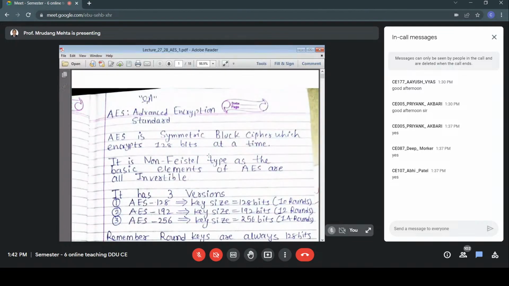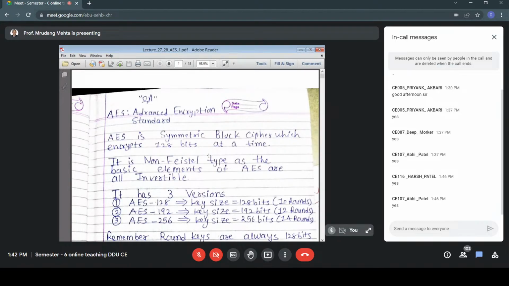Can you see the slide? Okay, so now we are going to discuss Advanced Encryption Standard, AES.